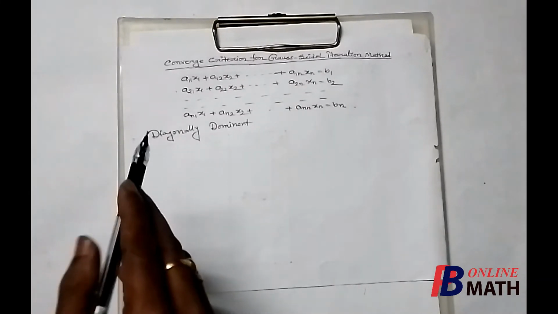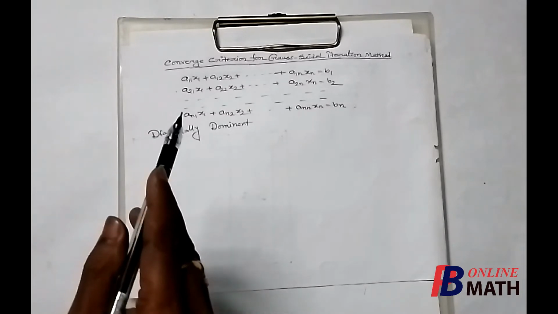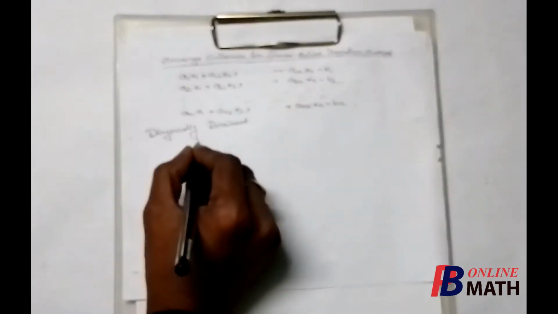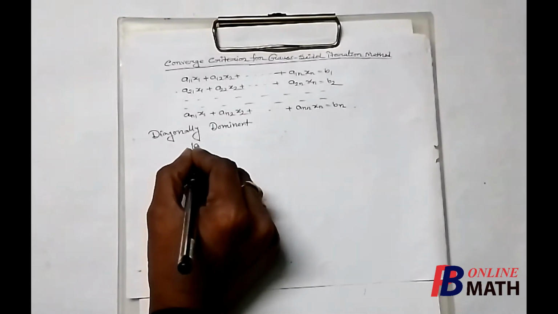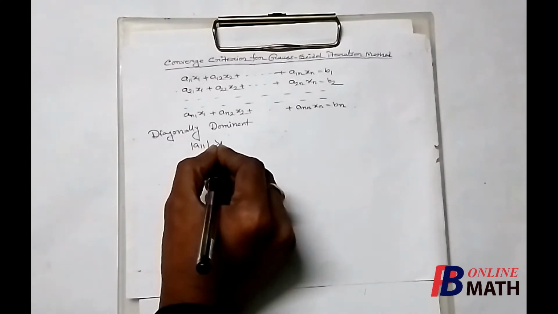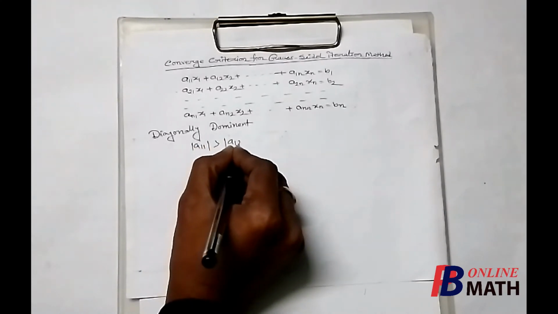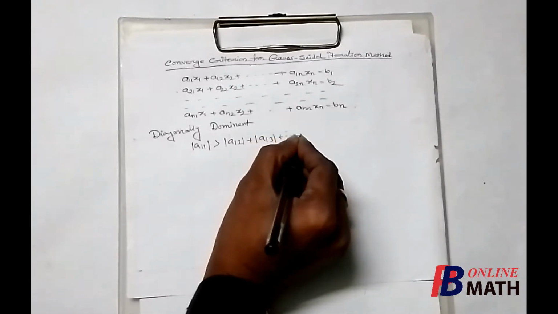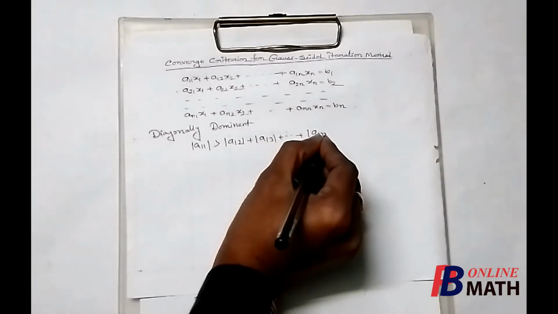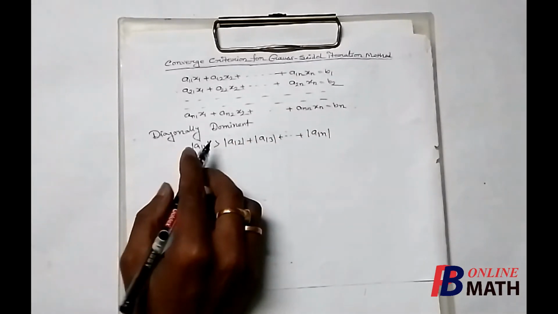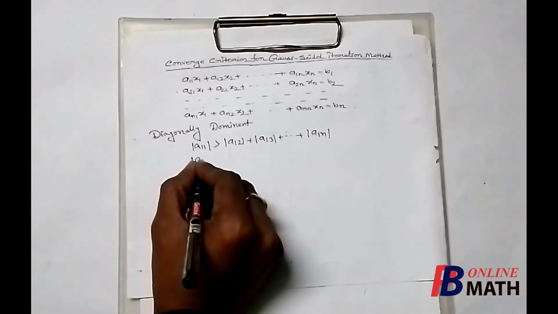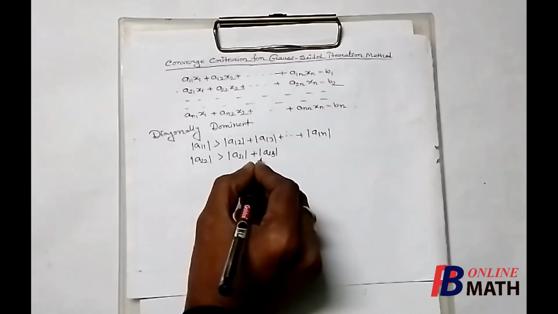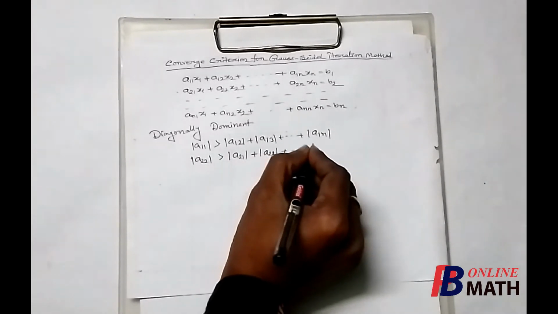A system of equations is called diagonally dominant if for the first equation, modulus of a11 is greater than modulus of a12 plus modulus of a13 up to modulus of a1n. And from the second equation, modulus of a22 is greater than modulus of a21 plus modulus of a23 up to plus modulus of a2n.